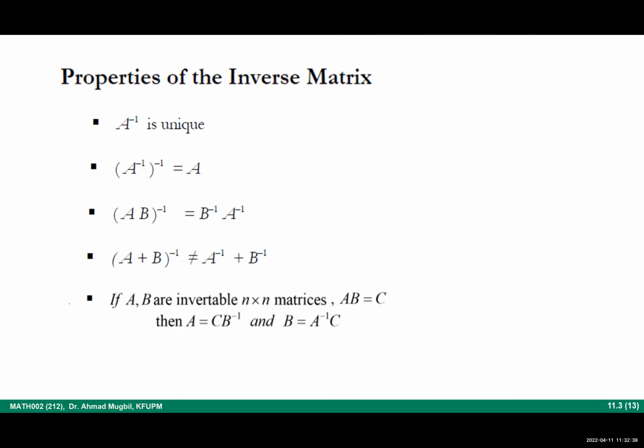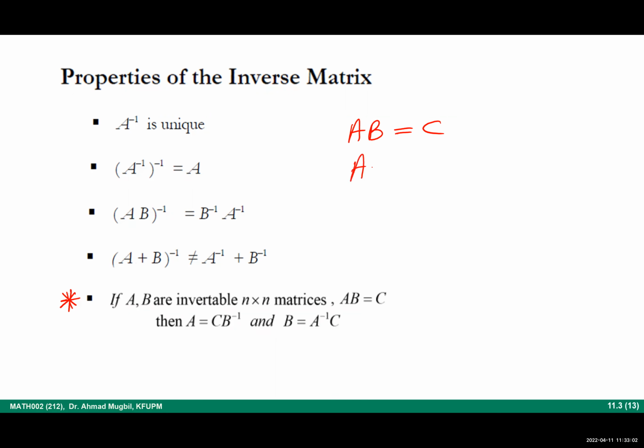Now, this is a very important property. I would like to mention this, and I want to have your attention here. If you have two matrices that are invertible, they have inverses, and you have AB equals C, how to solve this equation for A or for B? What will be A? What will be B?